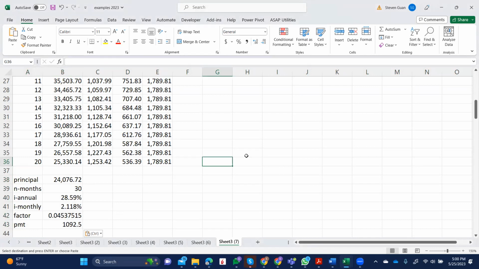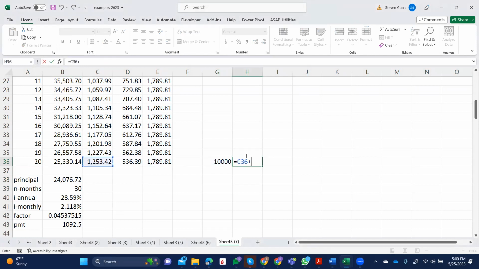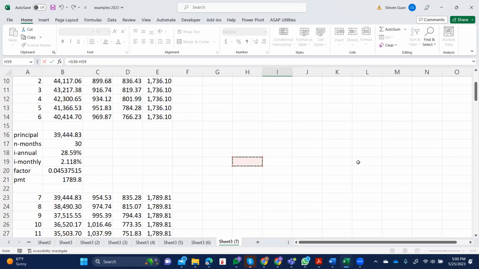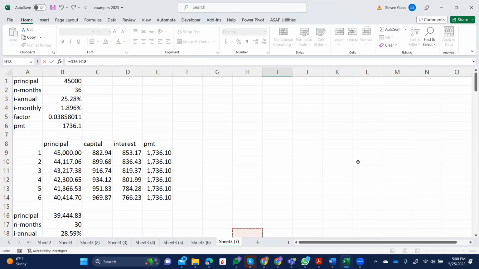Okay, so now, first of all, I have $10,000, correct? From these $10,000, how much do I need to pay for this month? So I need to pay basically this one here plus this one here, correct? So it's basically my quote. How much money is left after I pay my payment?